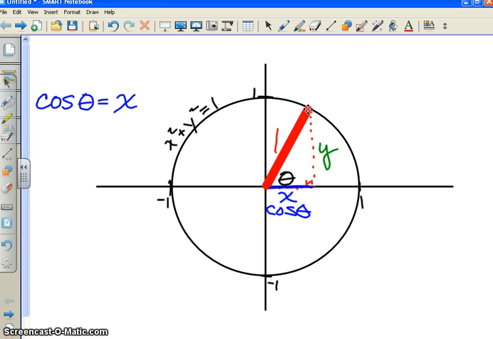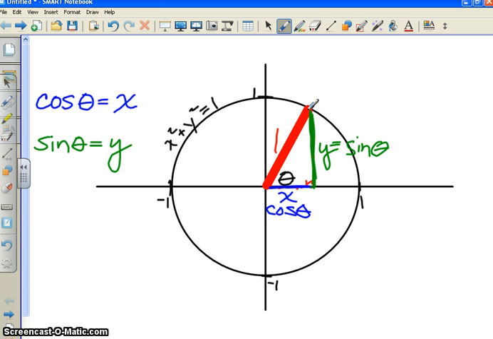Likewise, when we go and do sine theta, sine is opposite over hypotenuse. The opposite on this triangle is y. The hypotenuse is 1. y divided by 1 makes y. And that tells me that my distance y on my triangle here is actually the sine of however many degrees that I rotated.